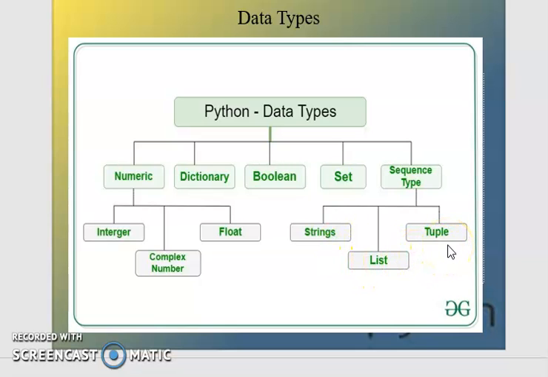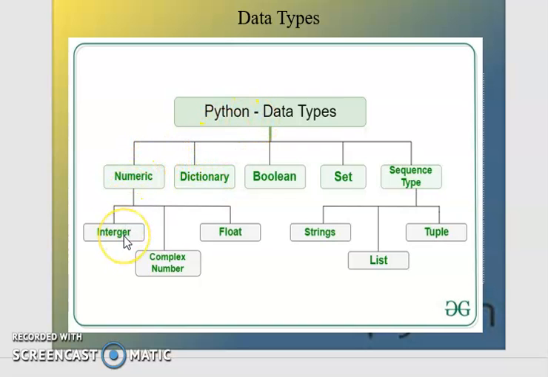It is somewhat different from Java or C++. These are the different data types available in Python. We use Python in big data analytics and such complex real-time situations. These data types are helpful in these areas.